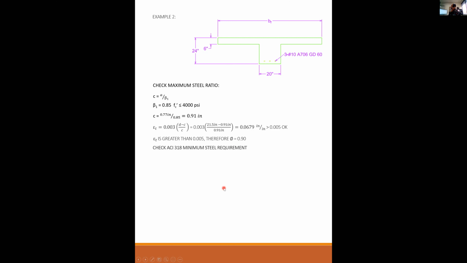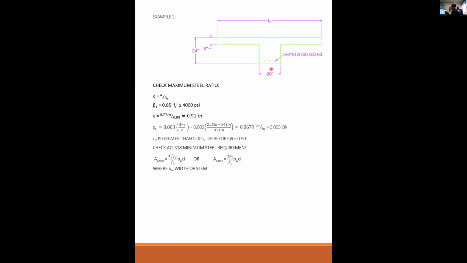My minimum steel requirement is based on b sub w. So b sub w is the width of the stem. Why is it the width of the stem? Remember, the minimum steel requirement was to be sure that if this beam were to crack, you have enough steel to have additional strength beyond the load it took to crack it.